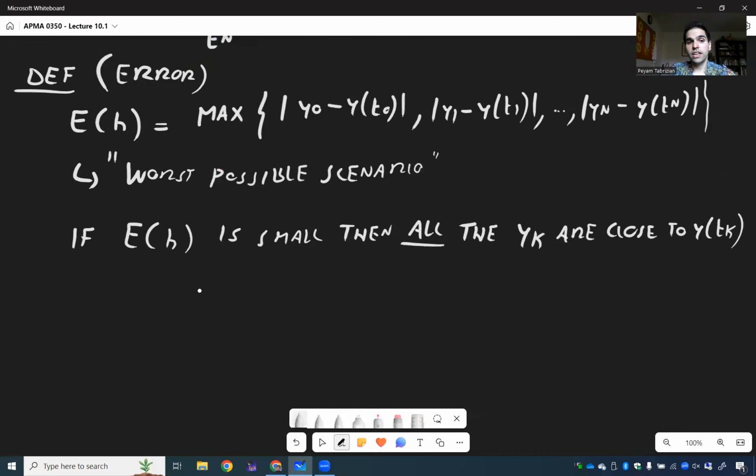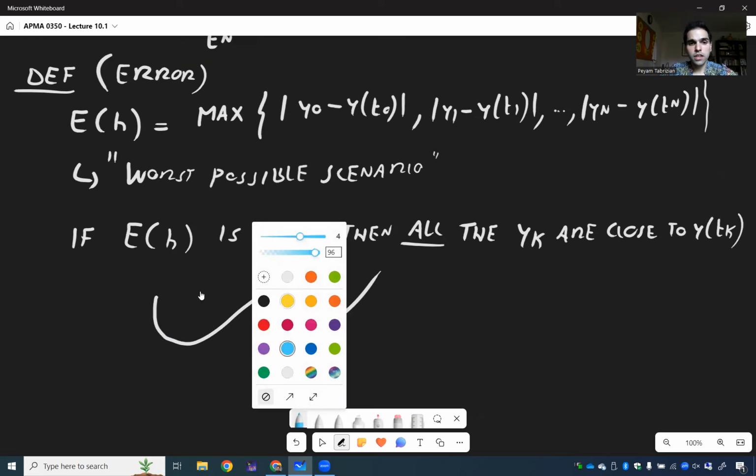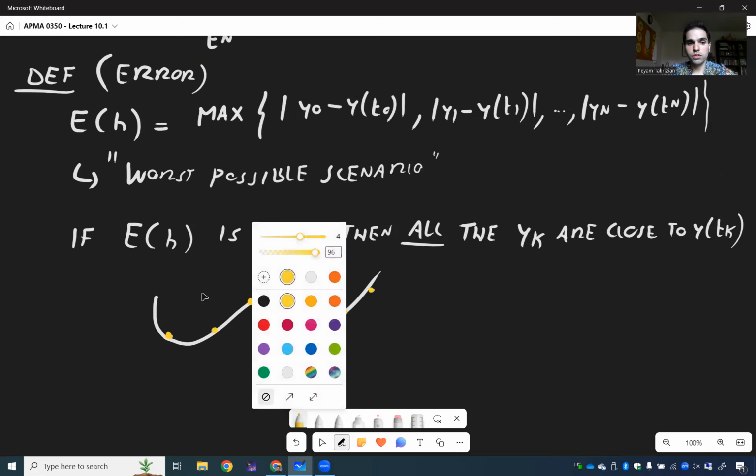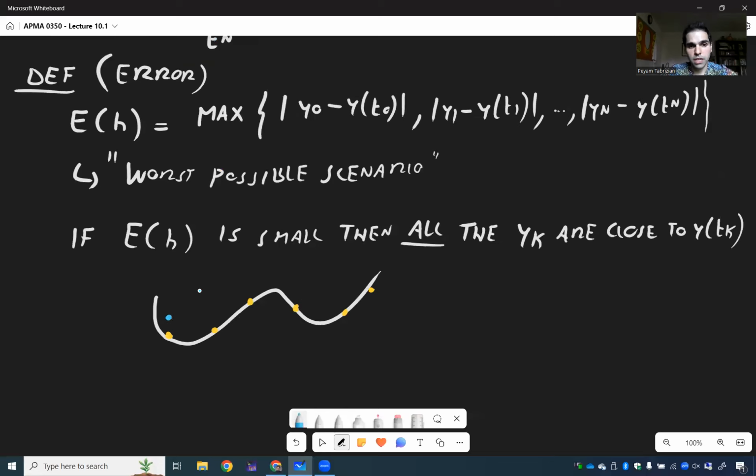Think of a situation where all the Euler points are close to your actual values. That would be small error, versus big error, which means even one of the points is far.